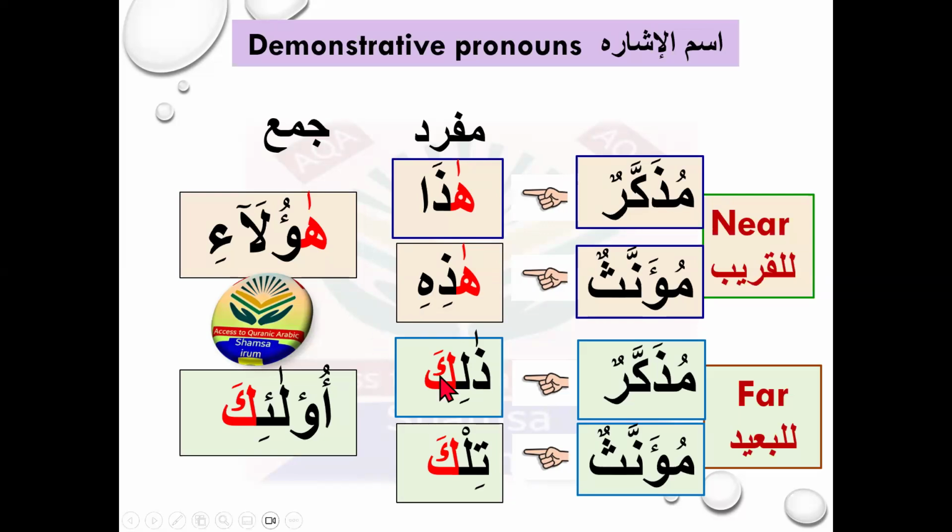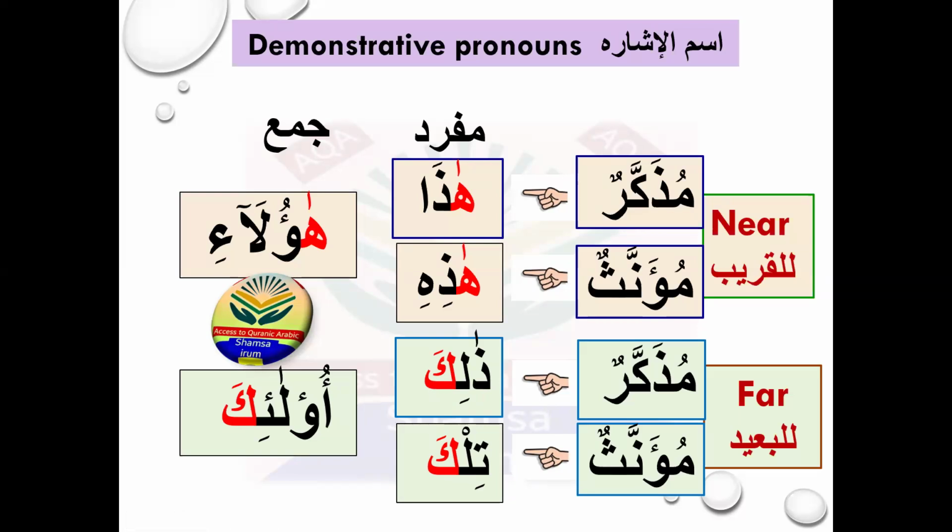And the letter kaf, when it comes at the end, look, dhalika, tilka, ulaika, is used in all these 3 words. So you can memorize that when kaf comes at the end, it is ishara lil ba'id. These demonstrative pronouns are for the far.